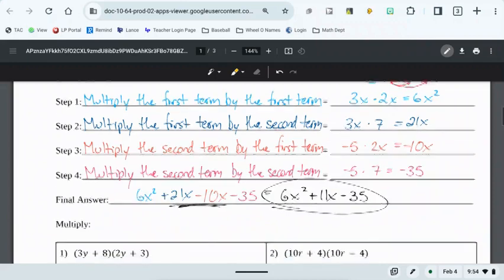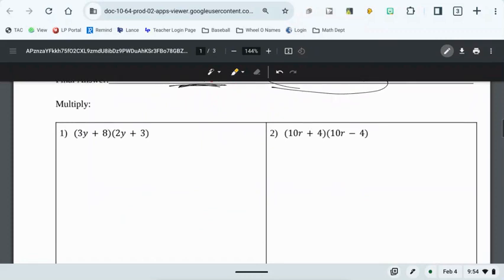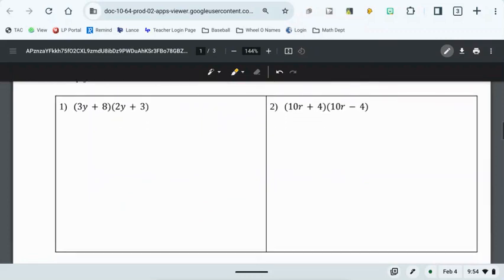Okay, so let's go ahead and try a few examples. Just like before, we're going to get used to this process. So we have first term times first term. 3y times 2y gives us 6y squared. 3y times 3 gives us 9y. 8 times 2y gives us 16y.